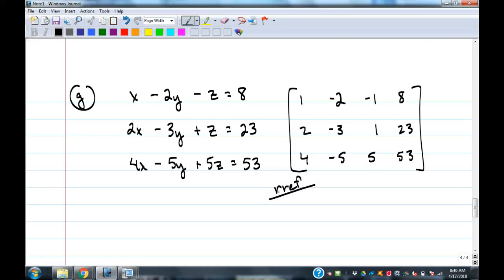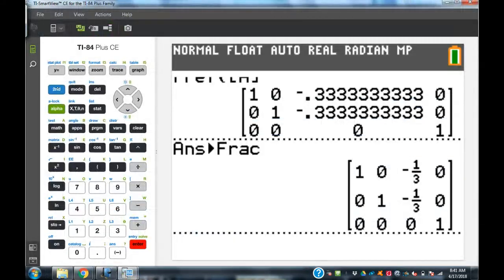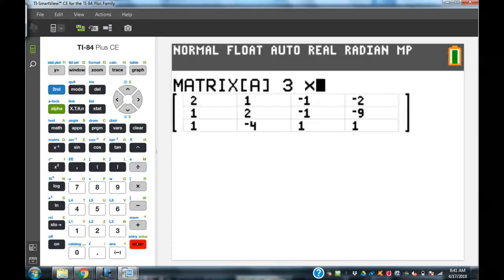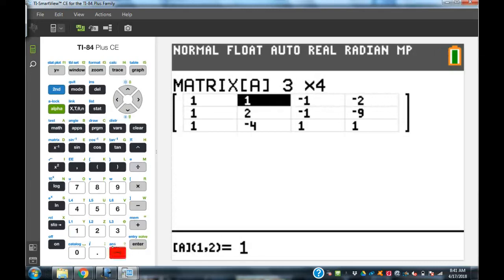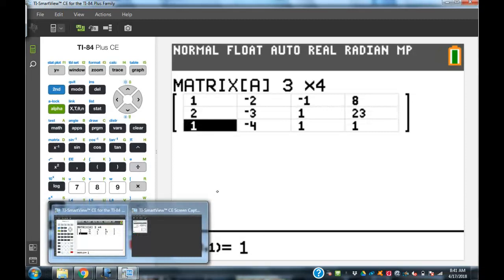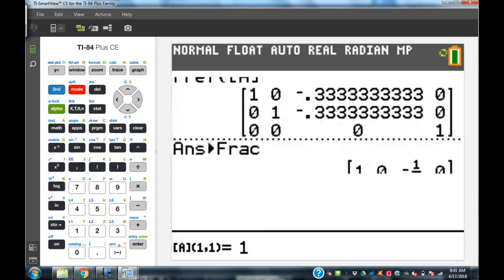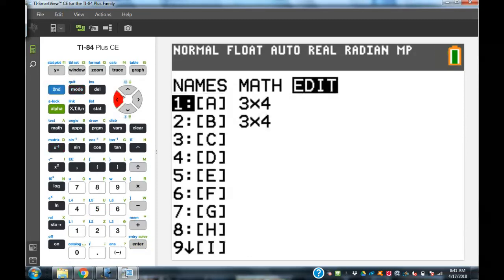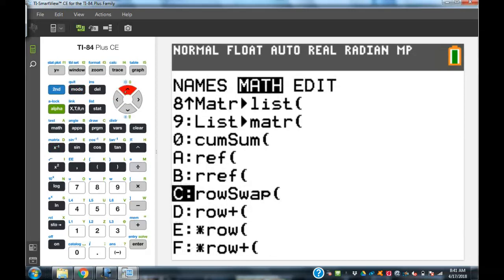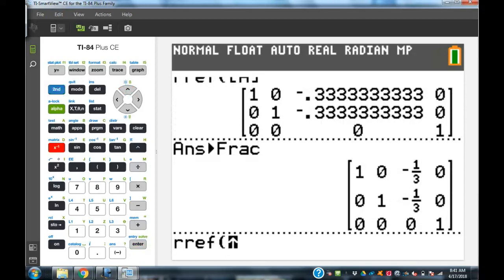Get that matrix in and run our RREF on it. -1, -2, -1, 8, 2, -3, 4, -3, 4, -5, +5. Matrix RREF.